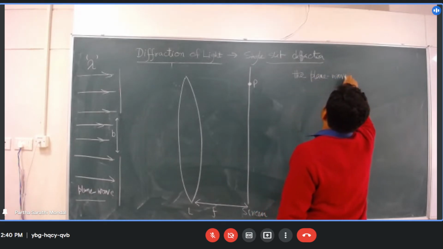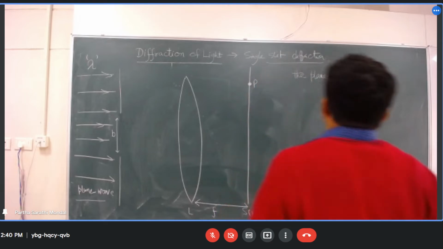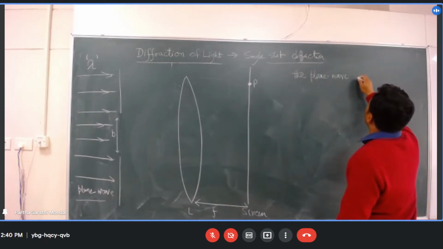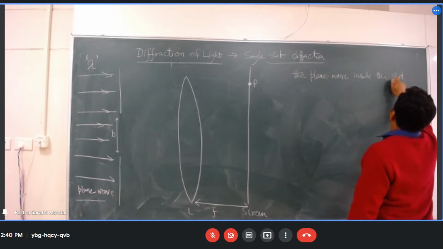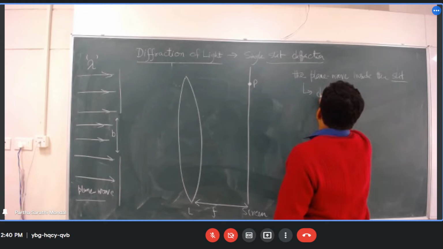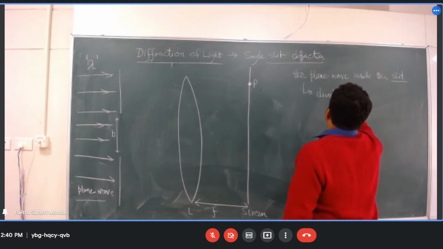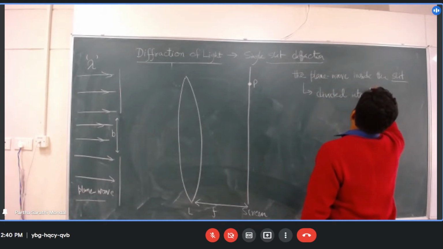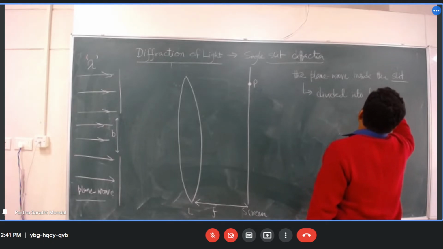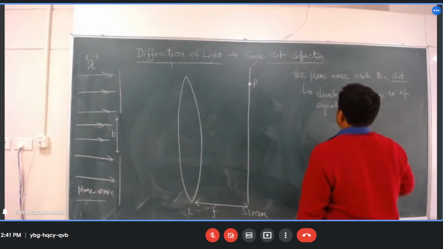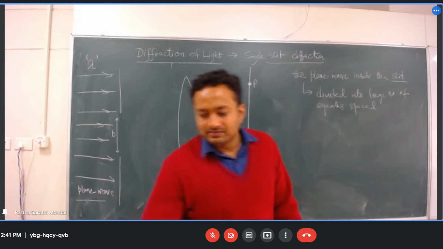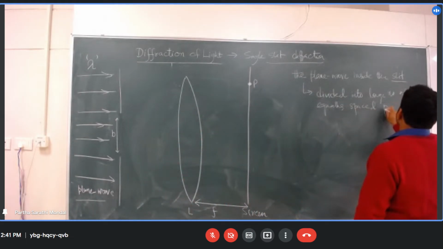The plane wave, ये मैं लिखना नहीं चाहता हूं, आप लोग लिखिए, ठीक है। The plane wave from inside the slit can be divided into a large number of equally spaced point sources.